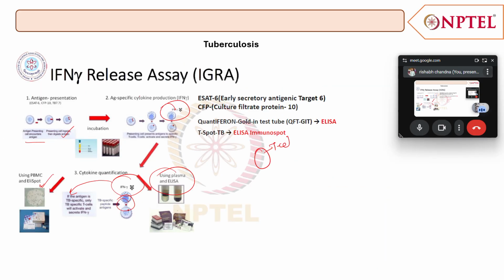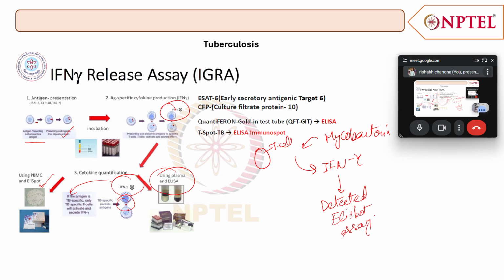When encountered with mycobacteria, this T cell will produce IFN gamma, which will then be detected using an ELISpot assay. If the number of spots is increased, that means there is infection with mycobacteria, and if the number of spots is decreased, the infection is not there. This is how this test helps in detection of the mycobacterium antigen.